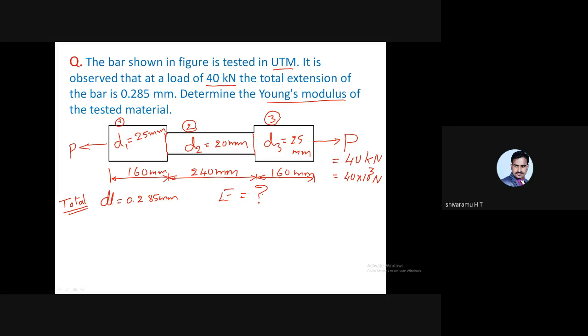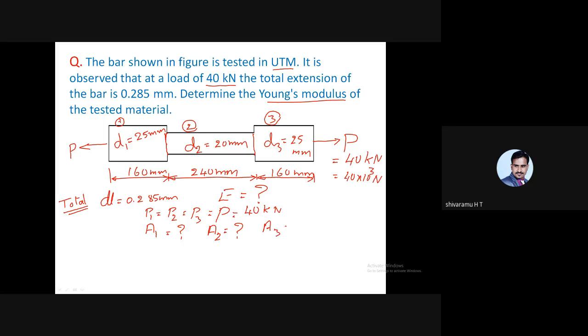Anyway, for all the sections the load is common. The load is 40 kilonewton. Next, the diameters are different, so we need to calculate A1, A2, and A3.